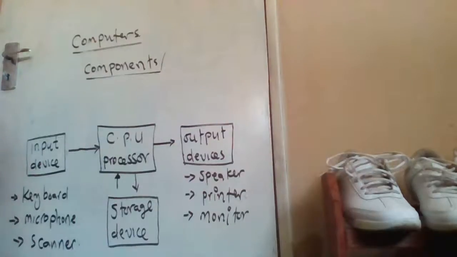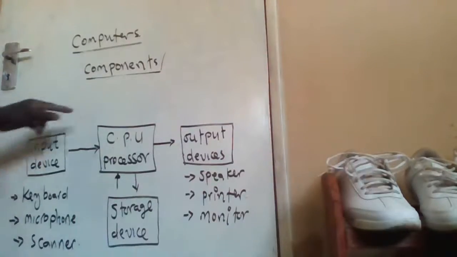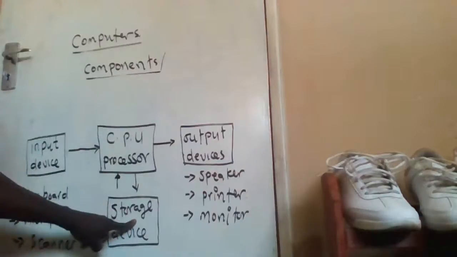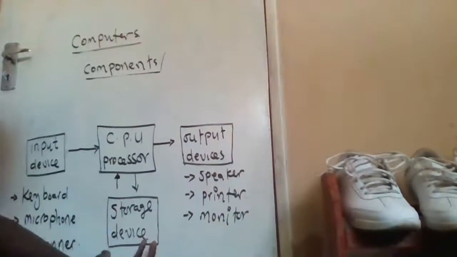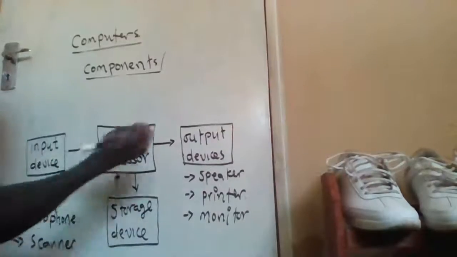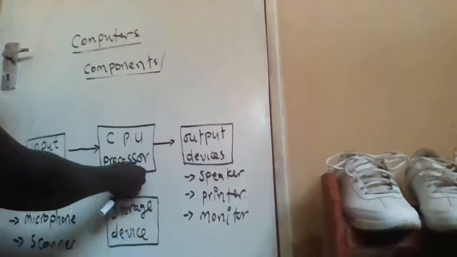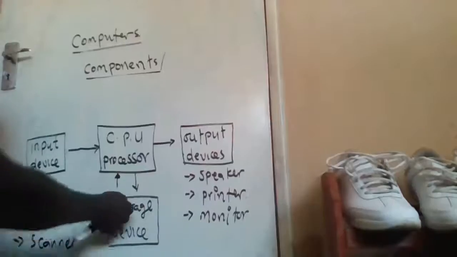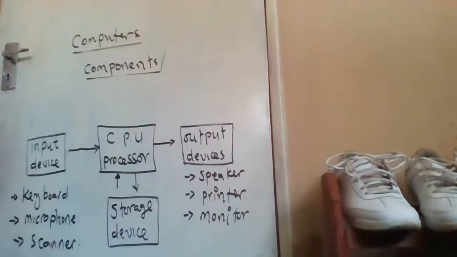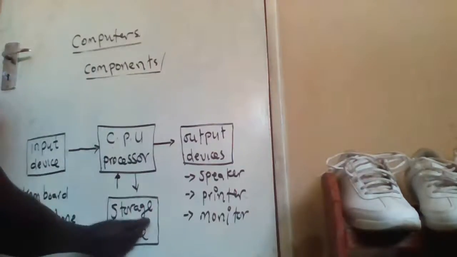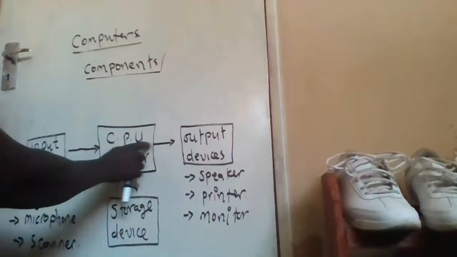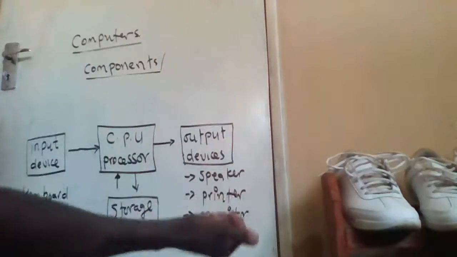When you download a song, you're getting it from an outside environment, so the CPU stores it. When you want to play that song, it can be the flash that you connected to the computer. Then you can remove the flash and go with it to the market. You want to play the song you downloaded and stored, you connect it back, the information goes back, and then the speaker gives you the good sound.